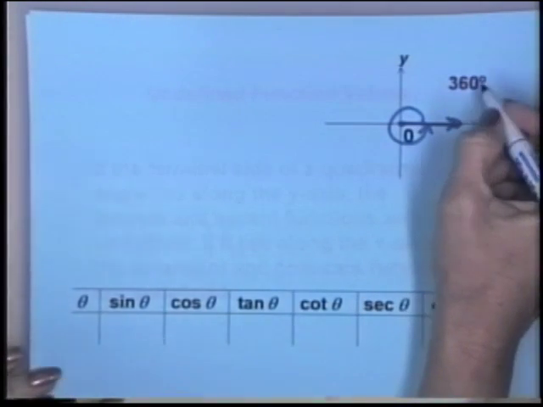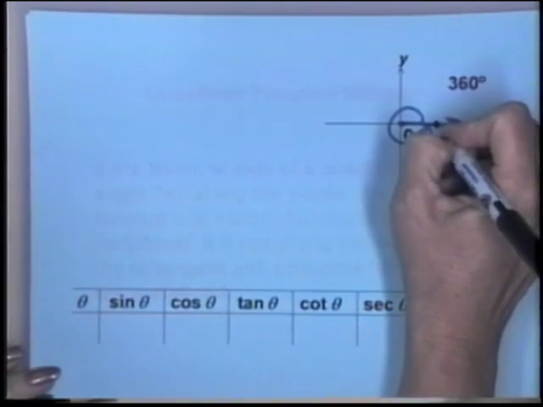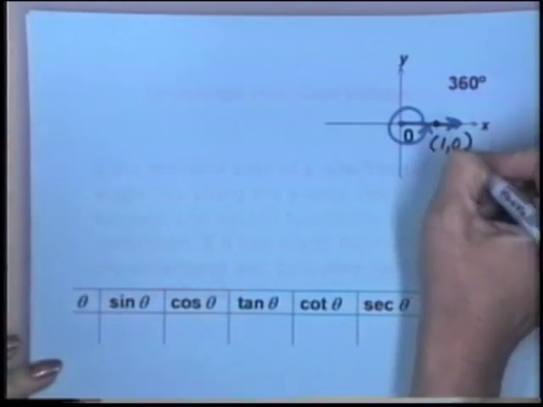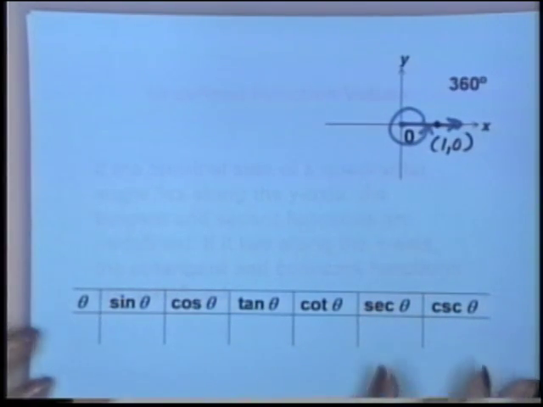Since the terminal sides are the same, when we pick a point, of course we can pick any point on the terminal side, but I'm going to pick the same point on the terminal side, and it's pretty obvious then that the trig functions of 360 degrees will be the same as the trig functions of 0 degrees. You will see that as we work this out, but you need to be aware that angles that have the same terminal side that are in standard position also have the same trig functions.